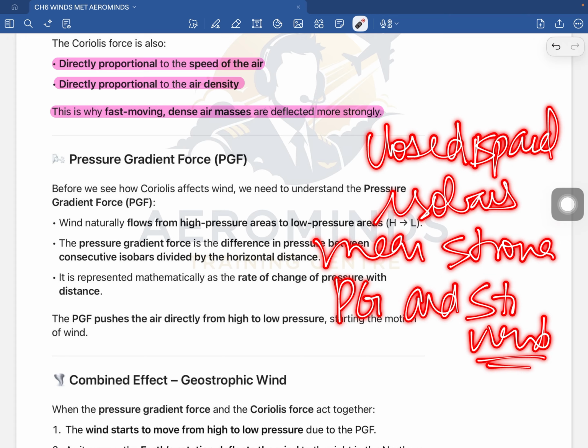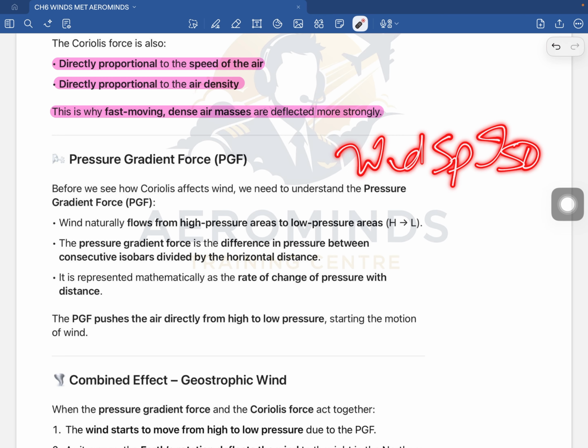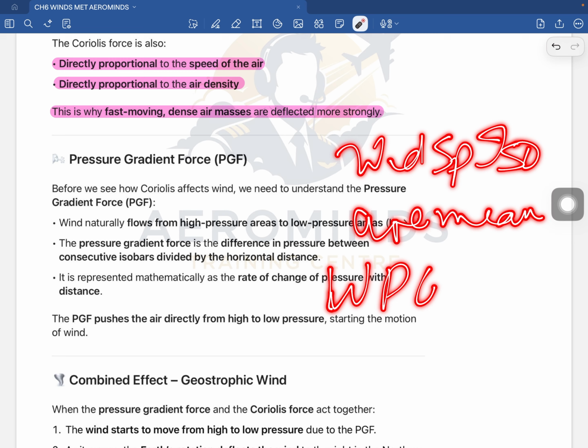So remember this. And widely spaced isobars mean that there is weak pressure gradient and weak winds.